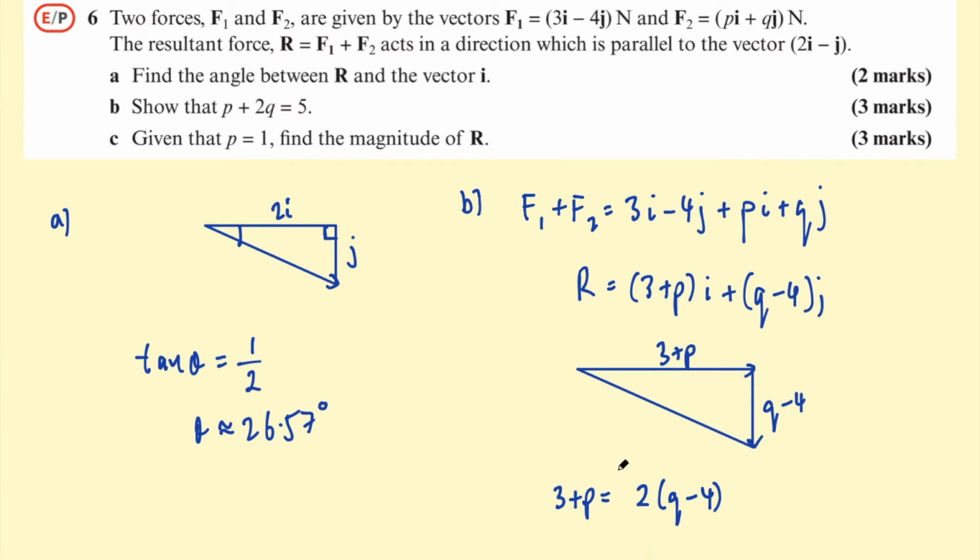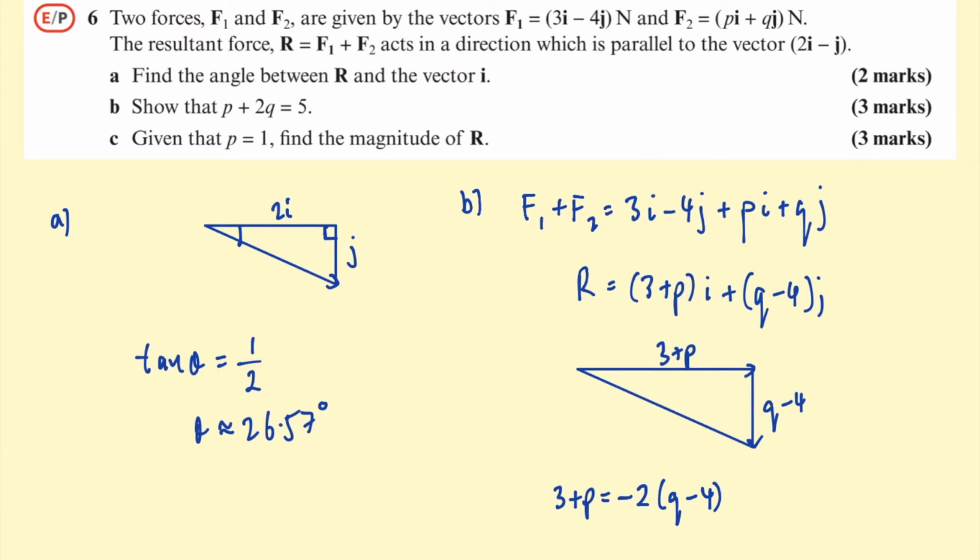Now you have to be careful with your signs here because 3 plus p is a positive vector and q minus 4 is a negative vector. In other words, it's going in the negative y direction. So when we're creating this equation, we need to represent the fact that one is negative, one is positive. Now it doesn't really matter where you put the negative. I'm going to put it here in front of the 2, negative 2 times (q take 4).